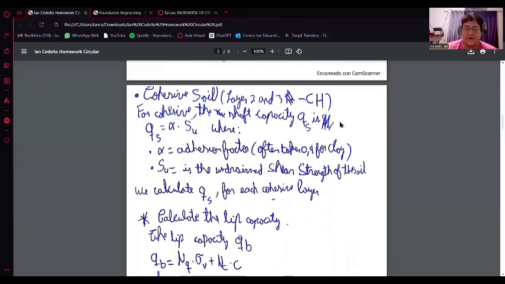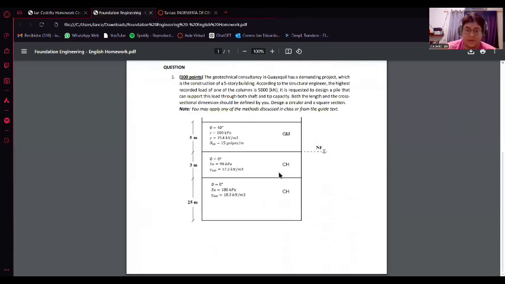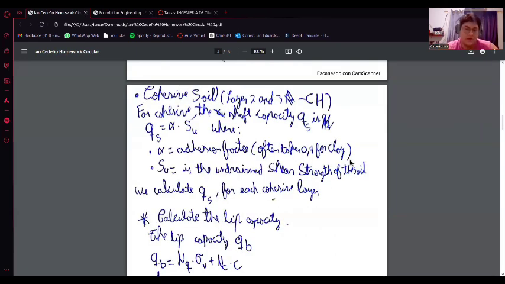For the cohesive soil layer, layer two, we have the formula q is equal to alpha times Su, where alpha is the adhesion factor, which often takes 0.9 for clay, because this means we have a hard clay.